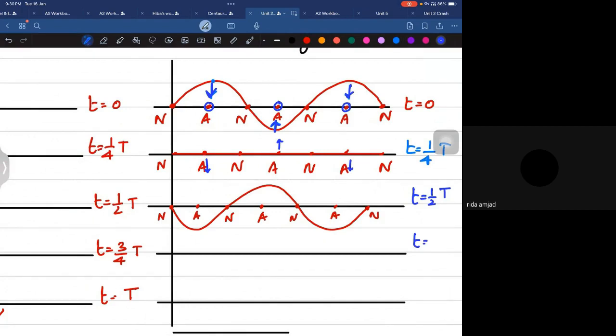When time has passed to 3/4 of the time period, this has gone to the bottom, so it will come up, this will come down, this will come up. So again, it will show you a straight line where you have nodes, antinodes, nodes, antinodes, nodes, antinodes, nodes. Get it?